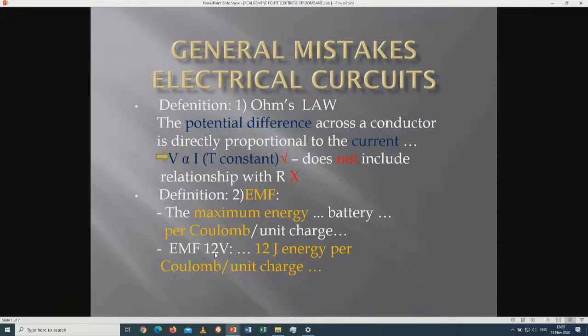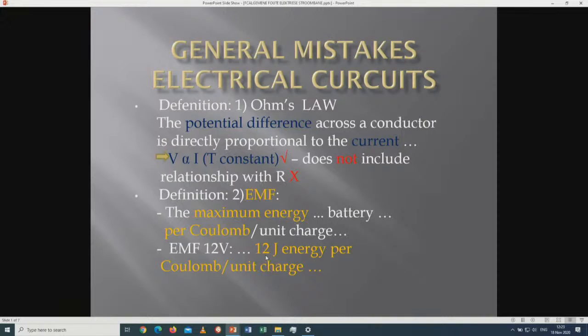Sometimes they want you to indicate to the examiner that you understand this definition for EMF even better, and then they ask you to define an EMF of 12 volt, for instance. Now all that is different.